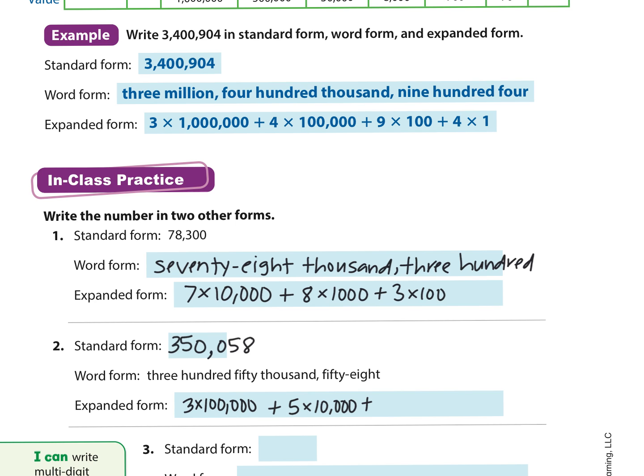It's not necessary. You don't need to write it. So the next number that I'm going to write is 5 times what? 10,000. Careful. We already did that one. I don't have anything in the thousands place or the hundreds place. So 5 times 10 plus 8.